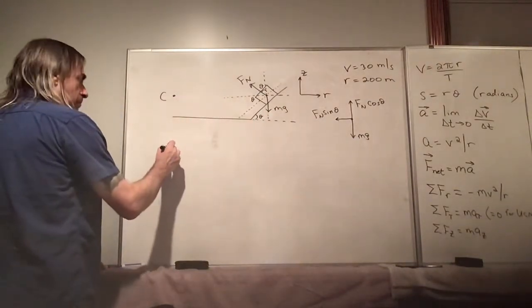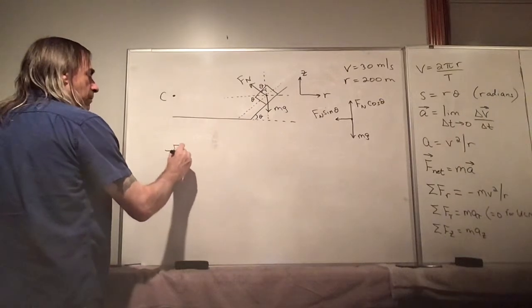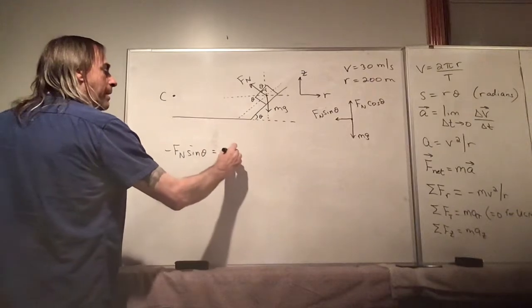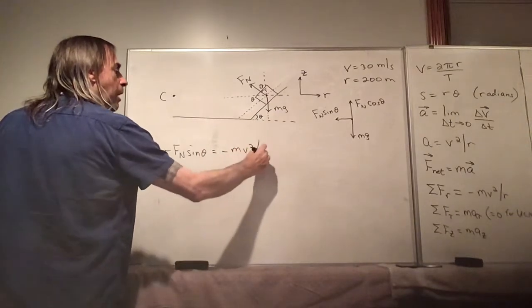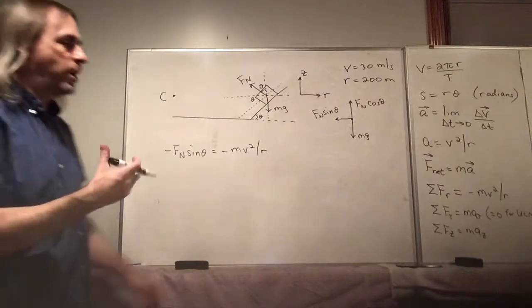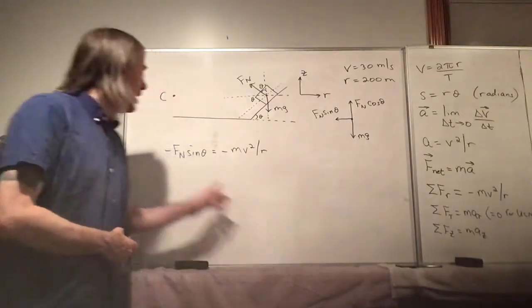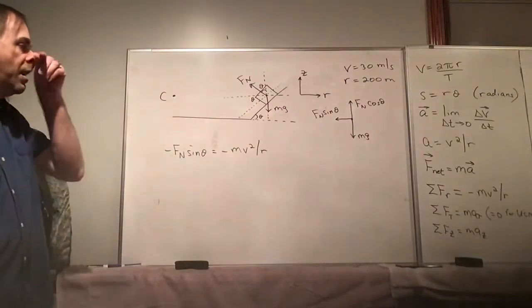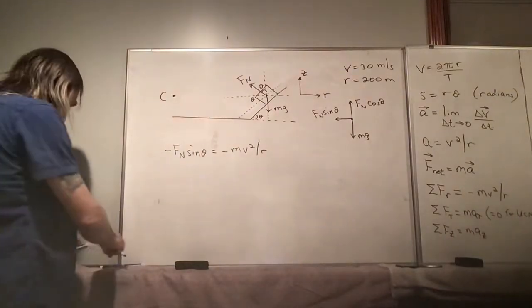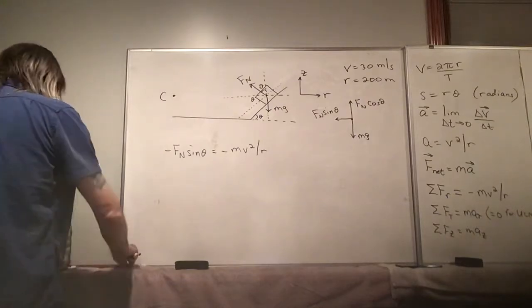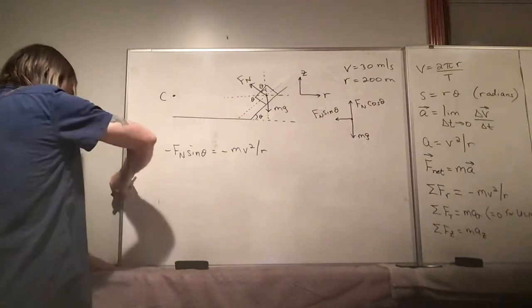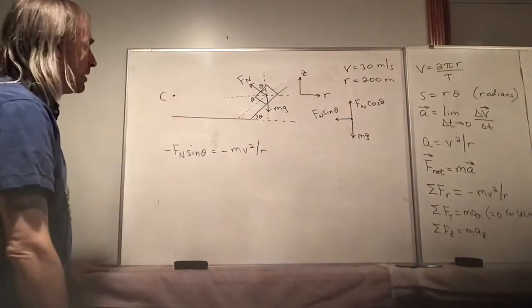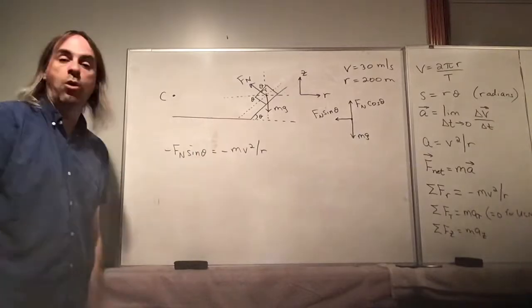So we have minus Fn sine of theta, and that's equal to minus mv squared over r. This recurring theme is that we're always going to have two minus signs which cancel each other out. And at some point we'll get in the habit of neglecting to even write down the minus sign. But for now, we'll just keep writing it down, knowing that we're going to ignore it later.